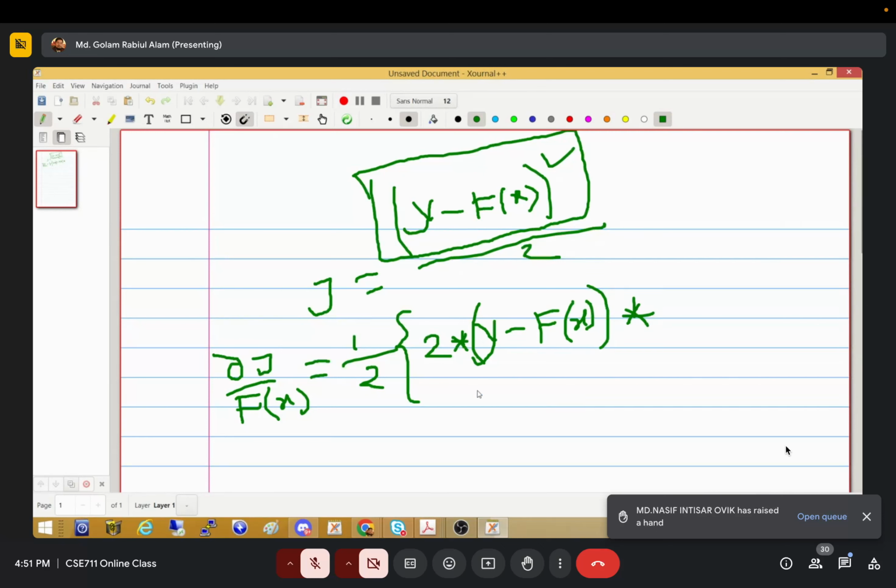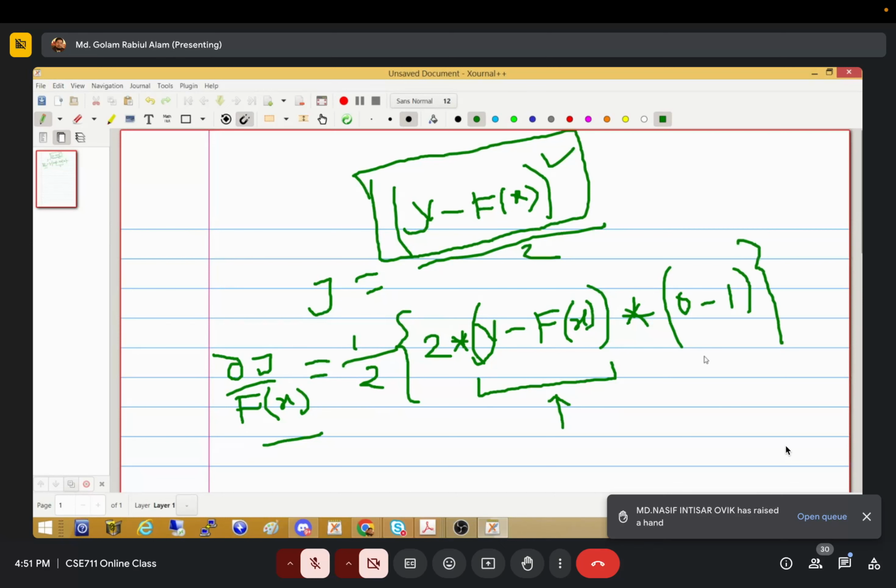Using the chain rule, we have to take the derivative of this inner part again, because this is not purely x but y minus f of x squared. So y is 0, and then f of x, since we are taking the derivative with respect to f of x, will be 1.